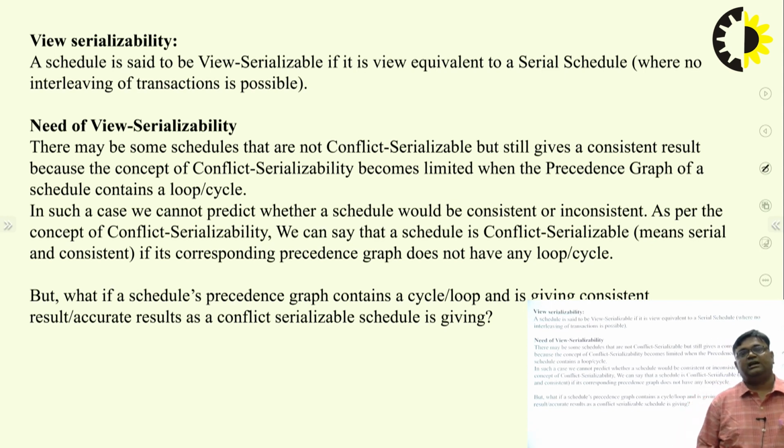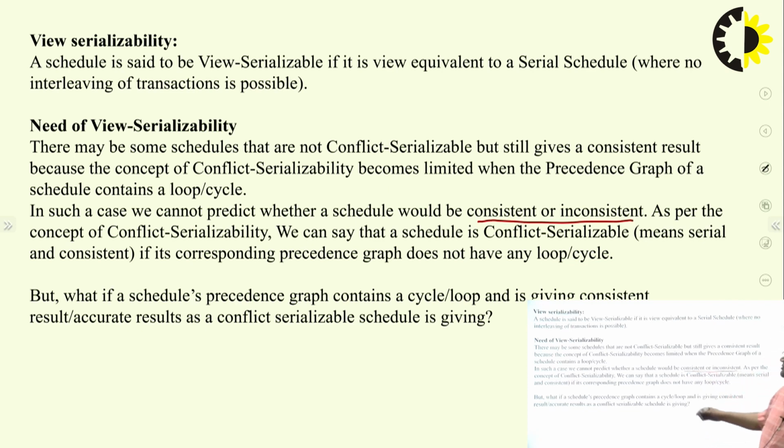Those types of schedules which are not conflict serializable can be view serializable. In such a case, we cannot predict whether a schedule would be consistent or not. We are not sure whether it is consistent or not.